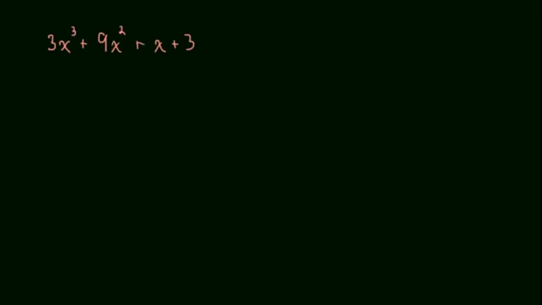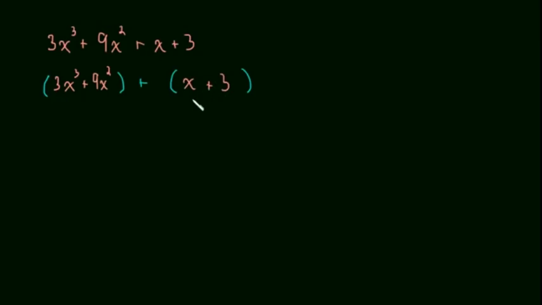What are we going to do now? Well, we're going to do the exact same thing. Nothing changes. So when you have a cubic polynomial, if it factors by grouping, if this grouping method works, it's really, really quite simple. So we're just going to set up our groups here, and we have 3x cubed plus 9x squared plus x plus 3.